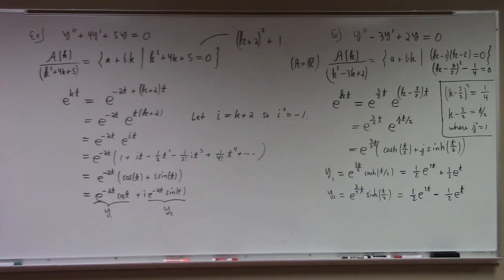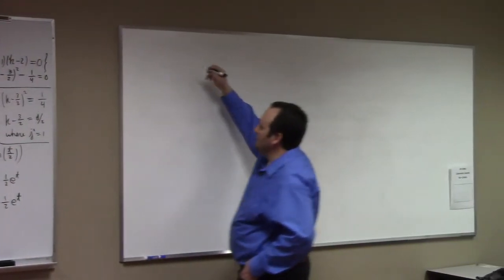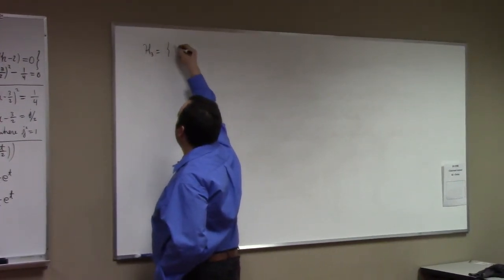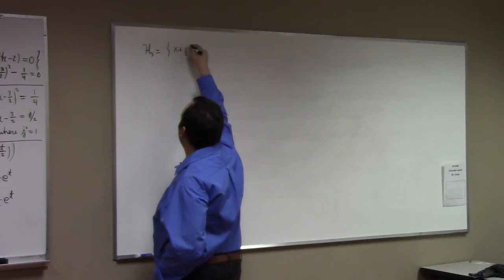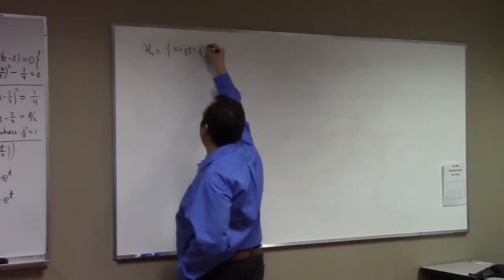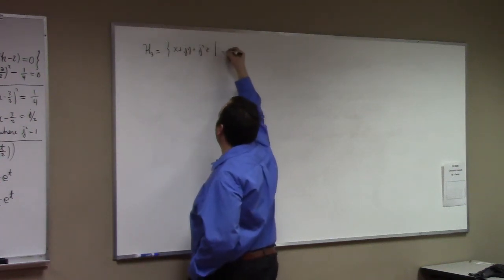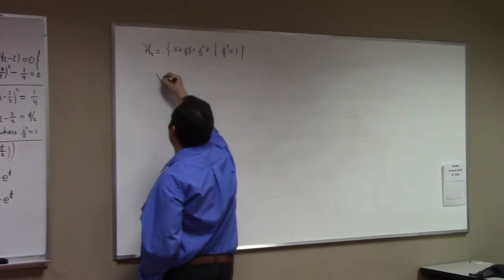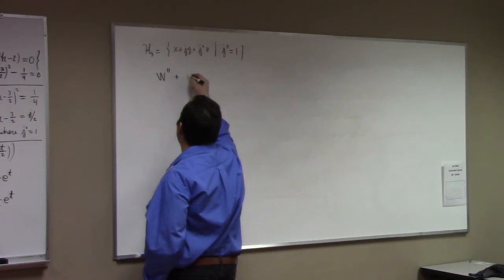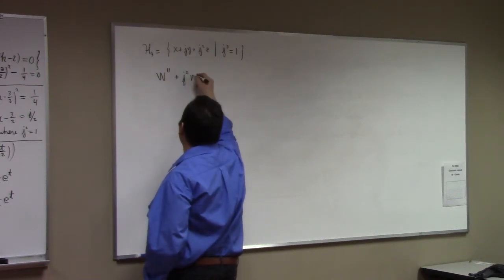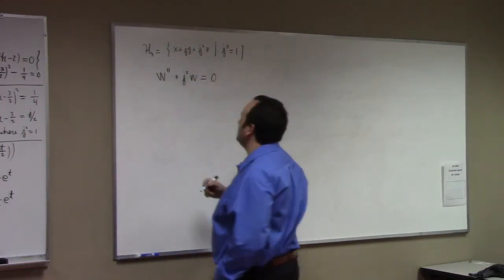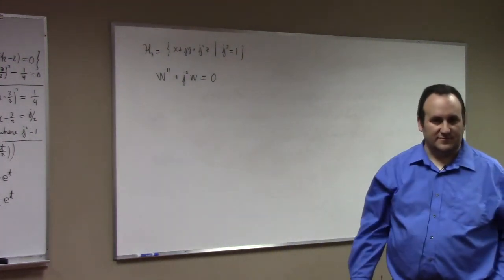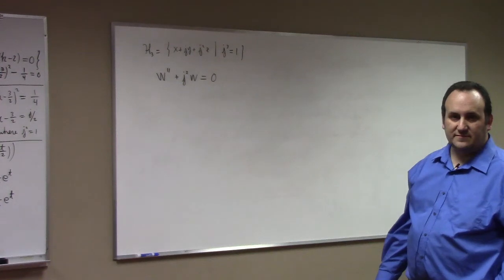But you know, the cool thing is, if we're in H3, and we want to solve, like, w prime prime plus j squared w equal to 0, we can do it.